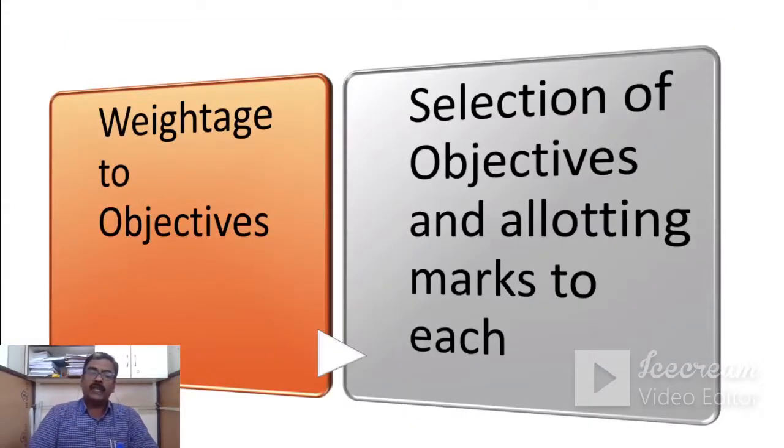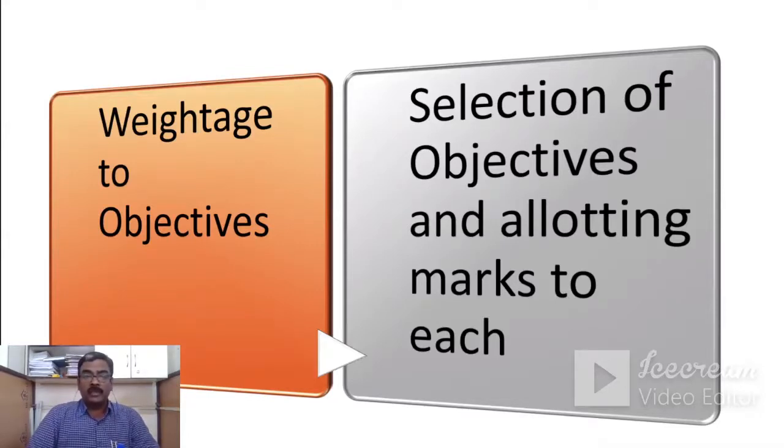Next, weightage to objectives. What is meant by weightage to objectives? Selection of objectives and allotting marks to each. Objectives means knowledge, understanding, application and skill. These are the four objectives which we aim to teach the students for a particular area or chapter.